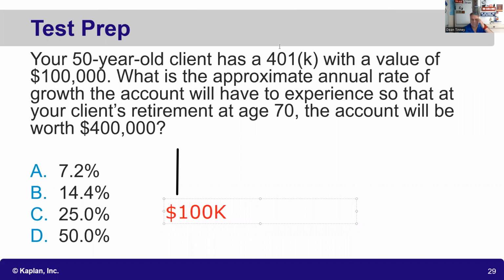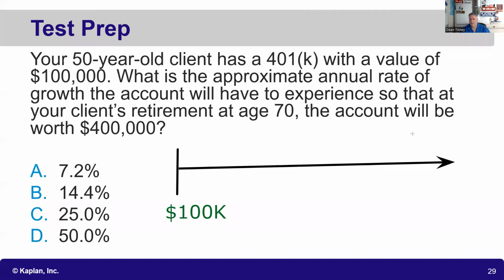Okay, it says, what is the approximate annual rate of growth the account would have to experience so that at your client's retirement age of 70? So now I'm going to say, okay, it looks like what we need to have this thing do is go from here to here.